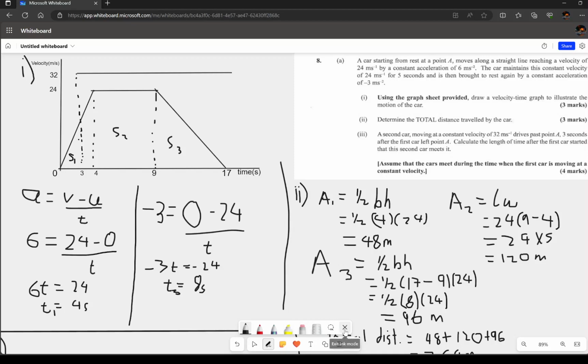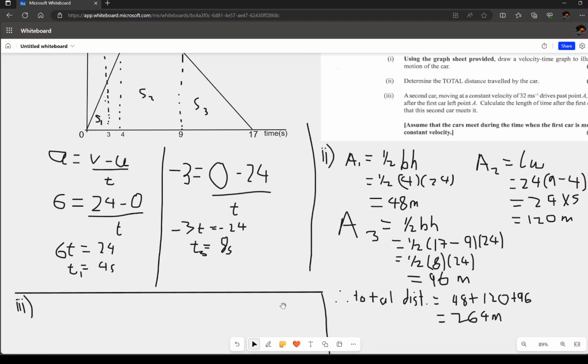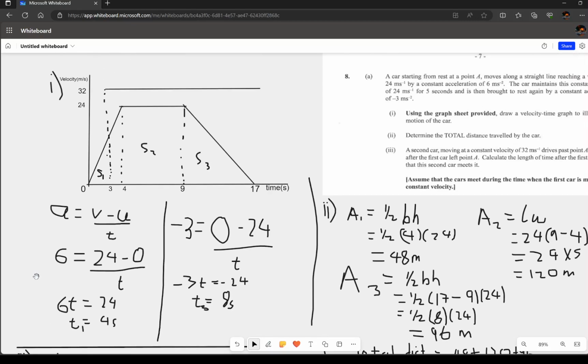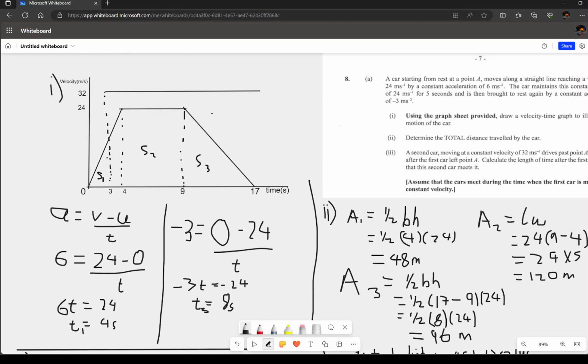Okay. So if the first car went through stage 1 and it is now in stage 2, it has to have traveled at least 48 meters. So we can start our distance equation. We're going to say D1, corresponding to car 1. So D1 is going to be 48 plus something, and we're going to figure out this something in a second. But before I do that, let me label these two graphs.